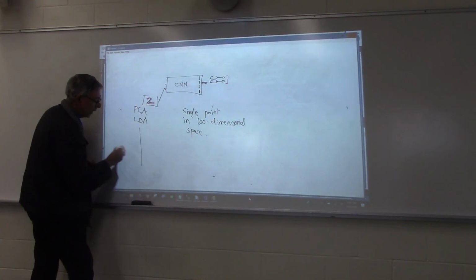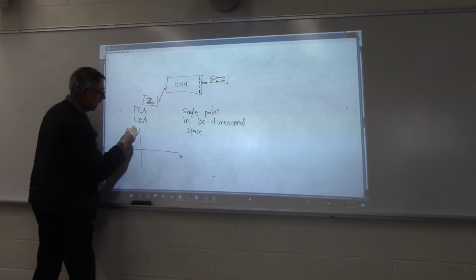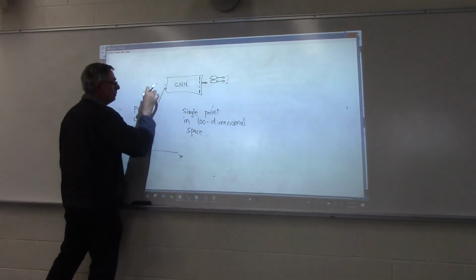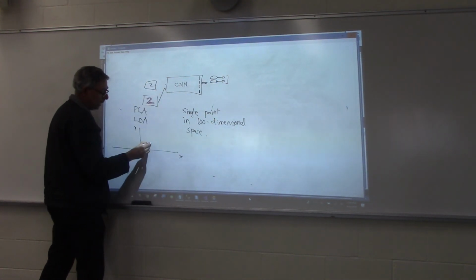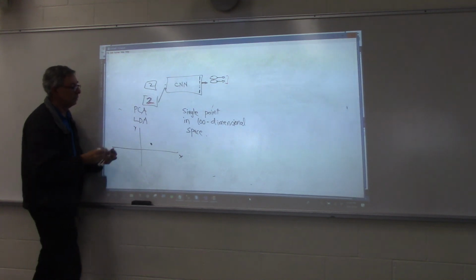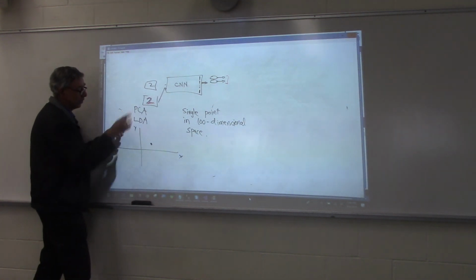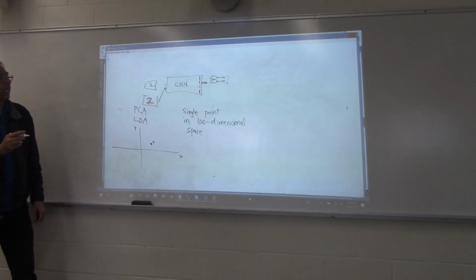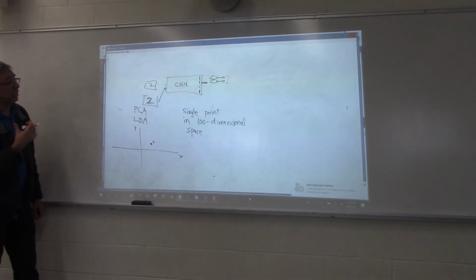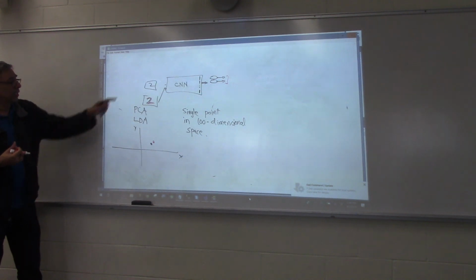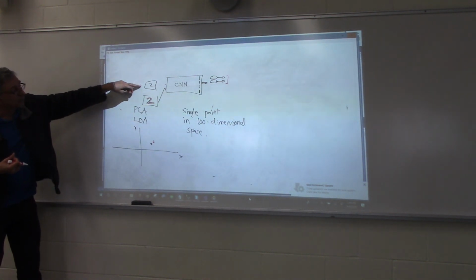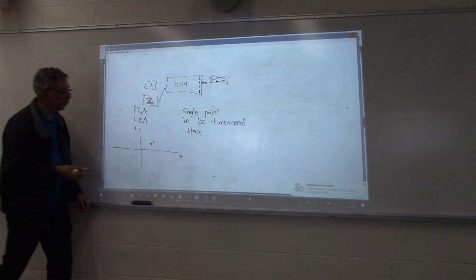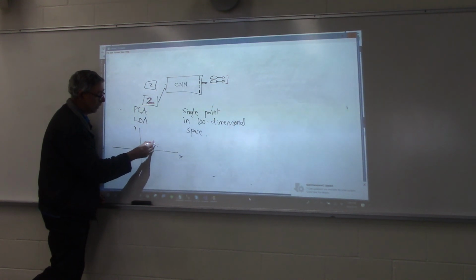If this is x, y, we feed in the first number, maybe it came out to be here. We feed in the red, which is also a 2, won't it come very close to it? Let's say in our data set we had 100 2's. Won't all the 2's be clustered together? You guys agree?